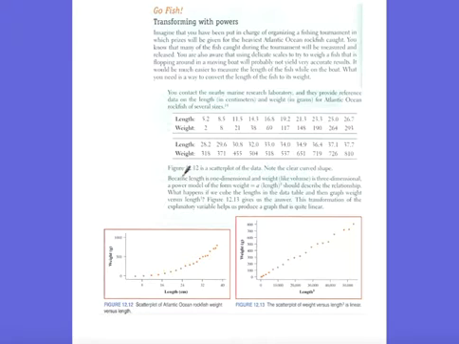Because length is one-dimensional and weight, like volume, is three-dimensional, a power model of the form weight equals a times length cubed should describe the relationship. What happens if we cube the lengths in the data table and then graph the weight versus the cubed length? Figure 12.13 gives us the answer.